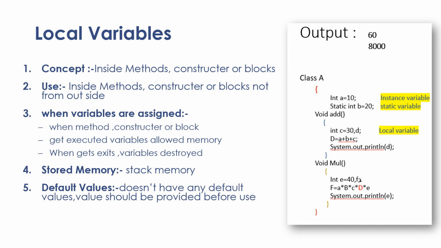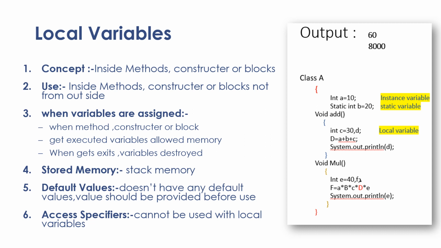Before assigning, without giving a value, it won't take any default value. And access specifiers cannot be used with local variables.